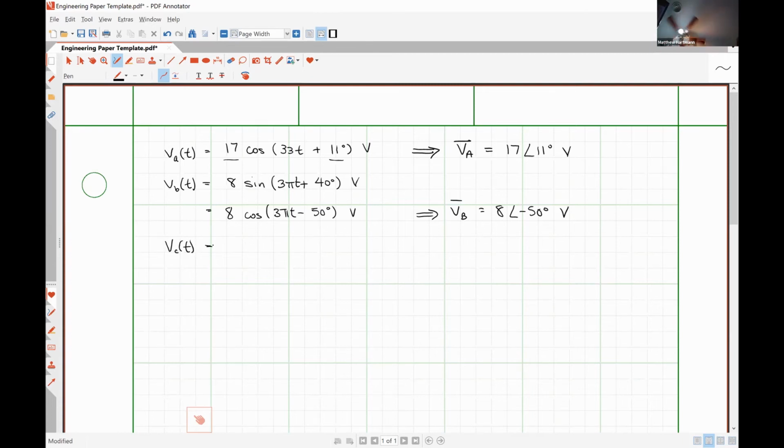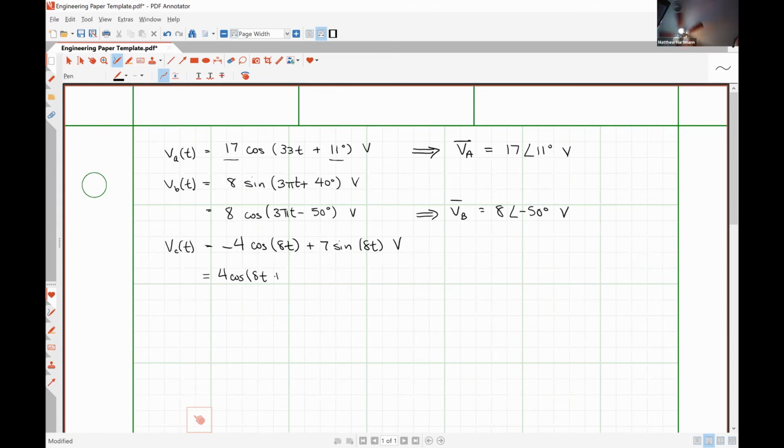VC of t, let's call this -4 cosine 8t plus 7 sine 8t. We also need to be working with a positive magnitude. So this would be the same as 4 cosine 8t plus or minus 180 degrees.